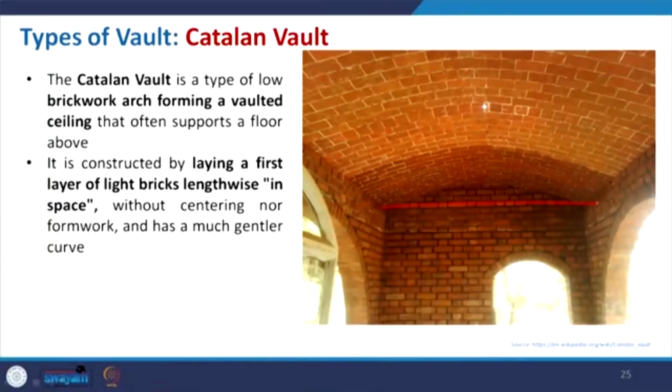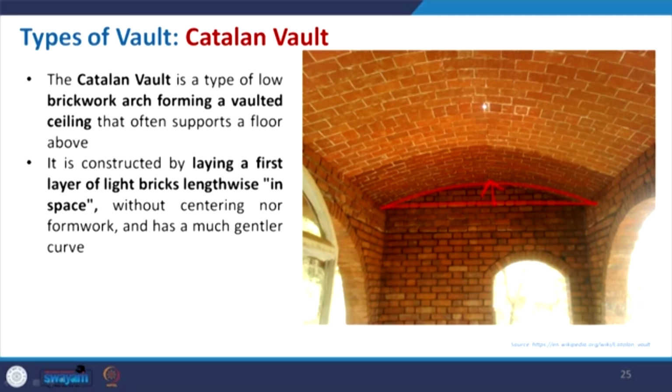Now, the Catalan vault is something where the slope, the rise, is very less, an almost flat vault. If you consider this particular arch, the rise is very less, and this portion can be made with brick.